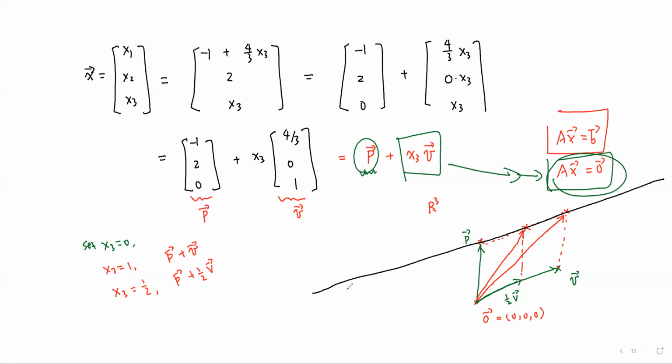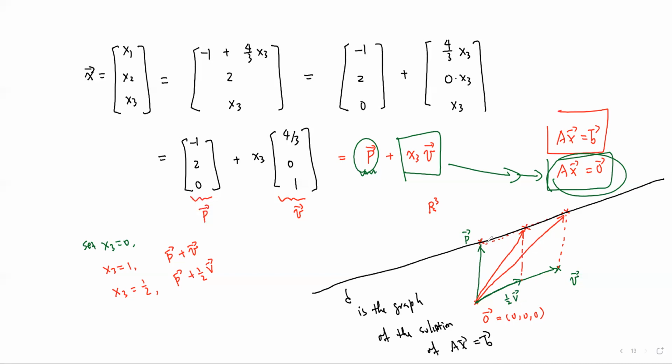Then you will see all the points together actually form this line. This line is the graph of the solution of the non-homogeneous linear system.